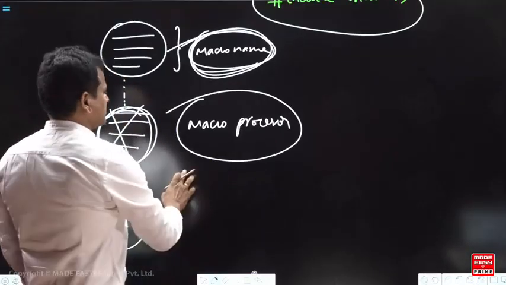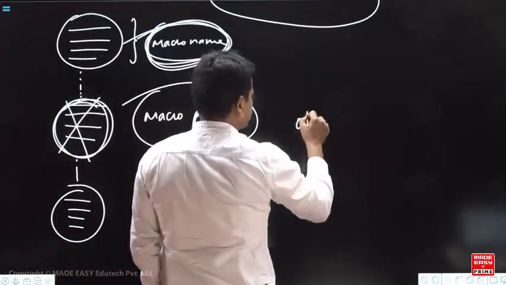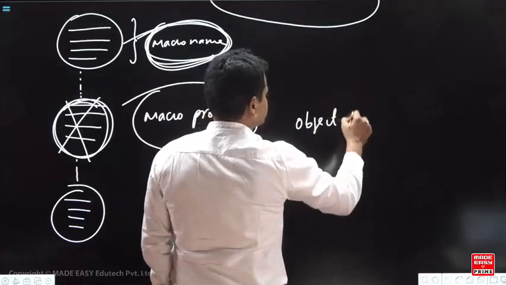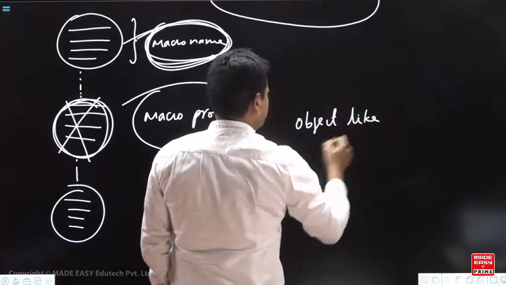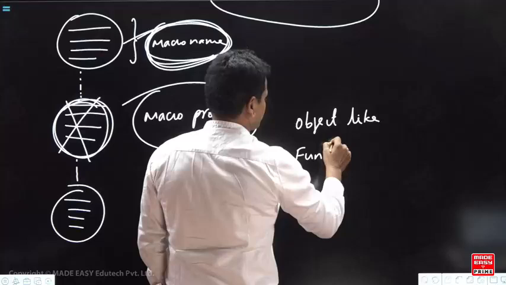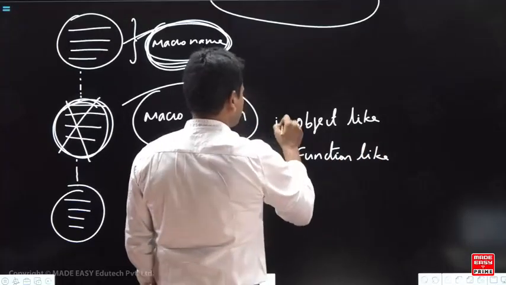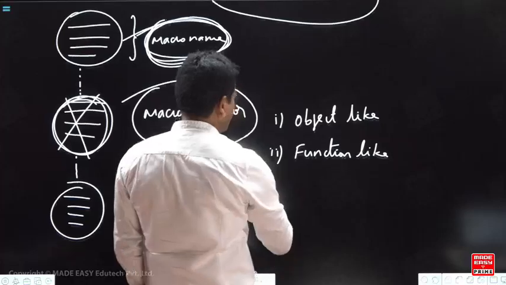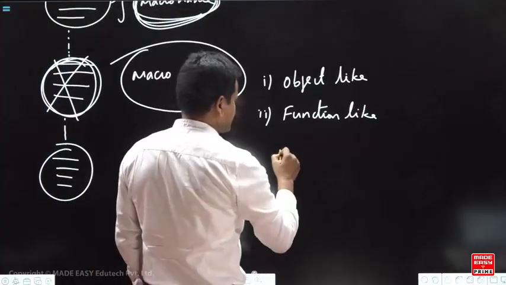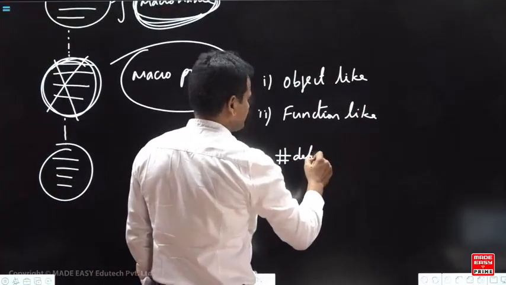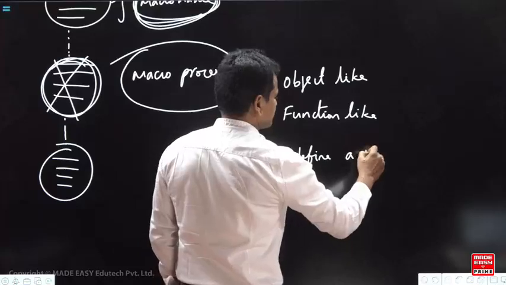Okay, there are two types of macros: object-like macro and function-like macro. What is an object-like macro? Suppose #define A 10.